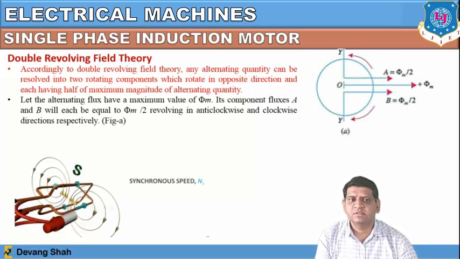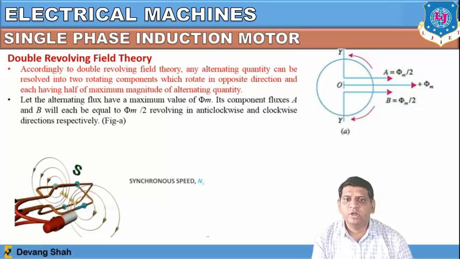You can see in this figure that one vector is moving in an anti-clockwise direction with flux phi m divided by 2, and another vector is moving in a clockwise direction with flux phi m divided by 2. Since these two vectors are moving in opposite directions with the same magnitude, once they reach the y-axis, the resultant flux becomes 0. So this is how it follows the alternating way.